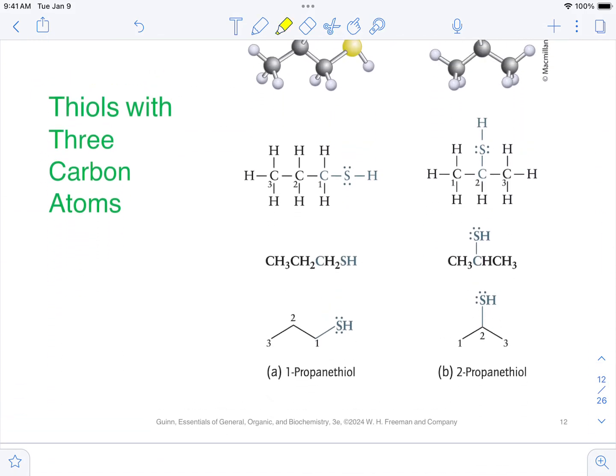So you can see here, we have our 3 carbon atoms. And then you can see our thiol indicator here. So 3 is propane, so propanethiol. And then, since it's off the first carbon, we need this 1 here. So 3 or more, you need a locator number. Okay, here we have our SH, so there's our thiol.